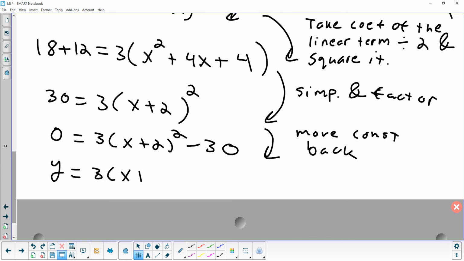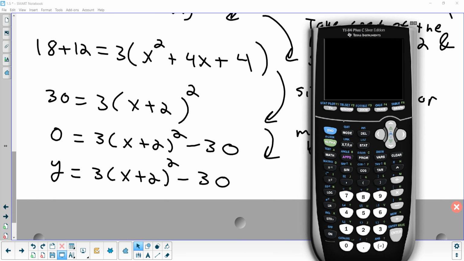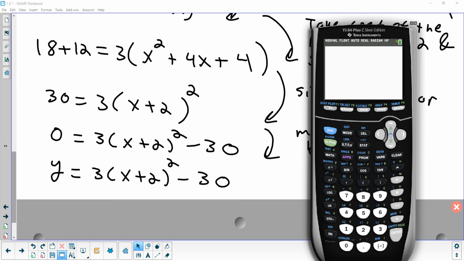So there is our equation. Now, just to see if we did that right, which hopefully we did, let's type it in on y1. Type in 3 times x plus 2 squared minus 30, and type the original problem in y2.